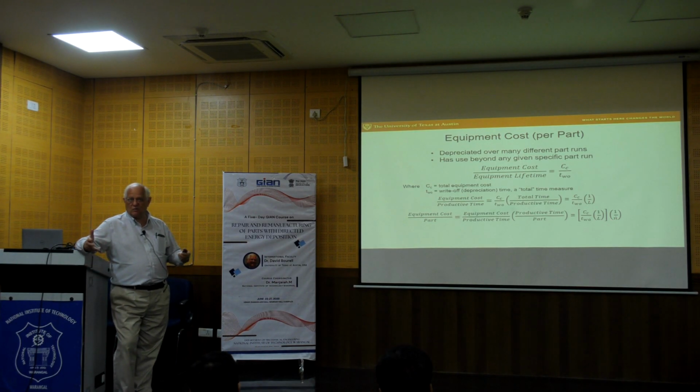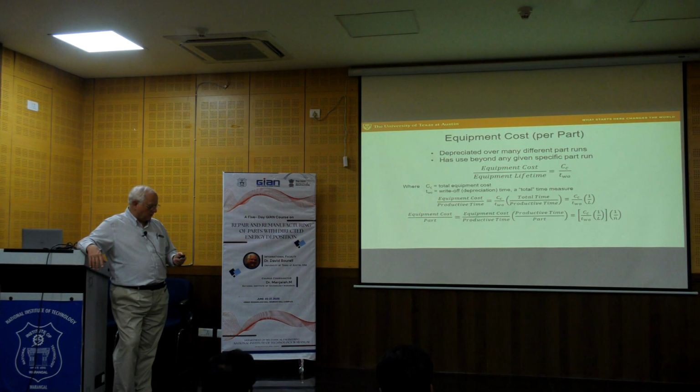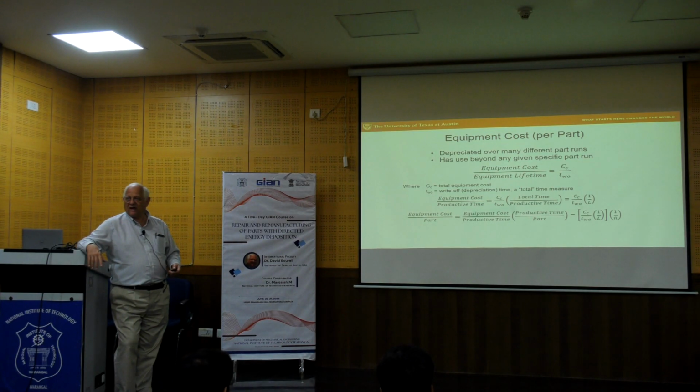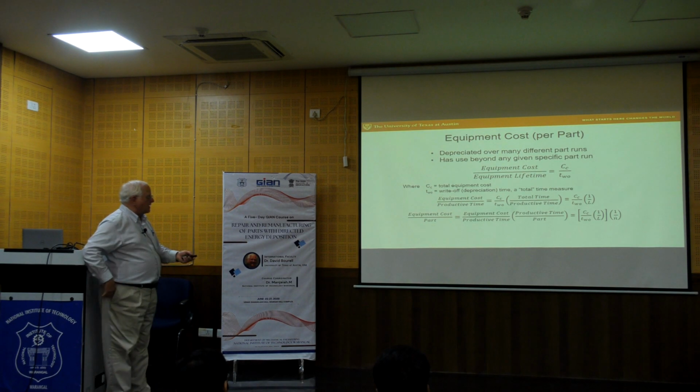And those are the two primary areas that we attack in order to get this down. You could also increase the write-off time, go to 10 years instead of 5 years, right? And that will drive this down. And I could also increase the load, and that way I get more parts out in a year, which would also help with the economics. Okay, so that's this term.